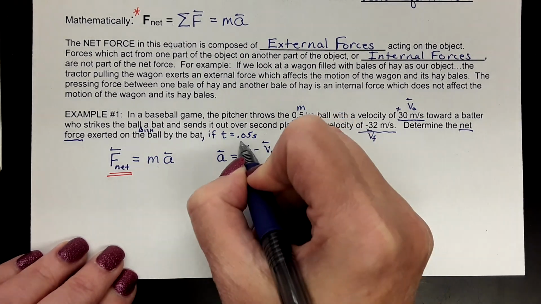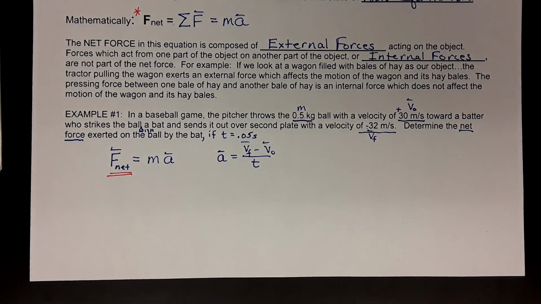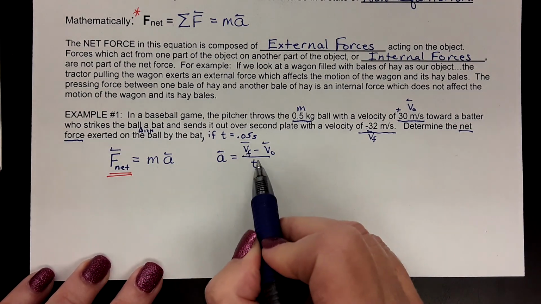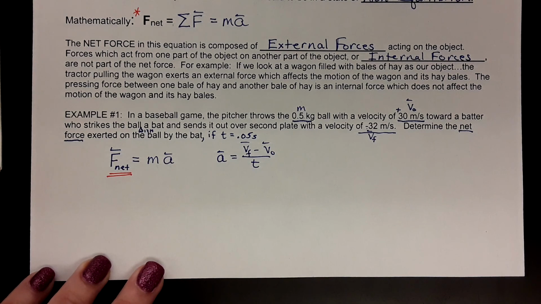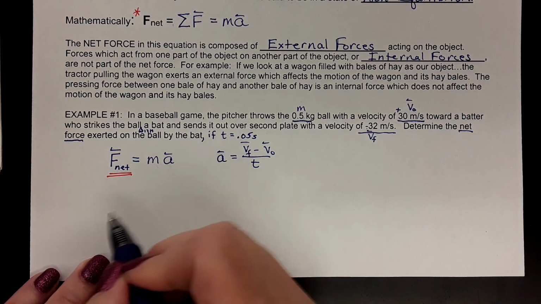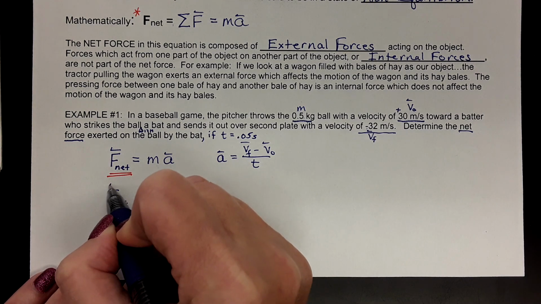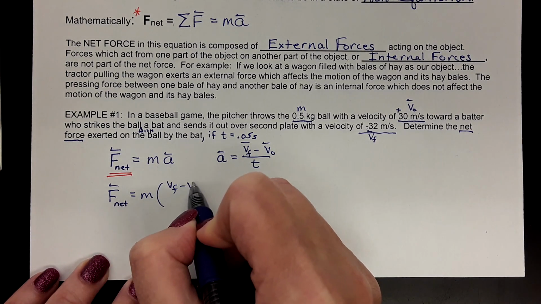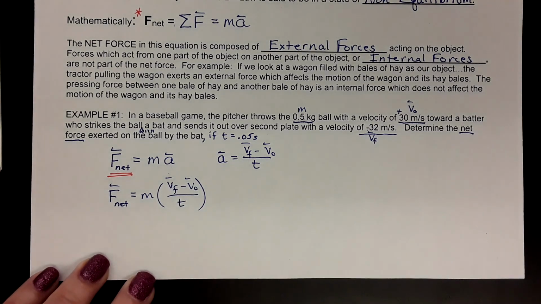Okay? And there's the definition of acceleration right there, and that's all we need. Now, if you want, you can either find the acceleration separately and then stick it into the dynamics, or you can do what I like to do to save a little trouble. I like to simply substitute one formula into the other. So we get this. Okay?